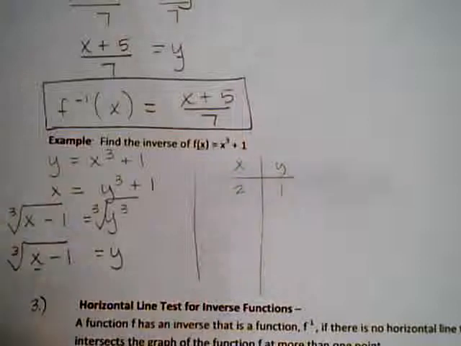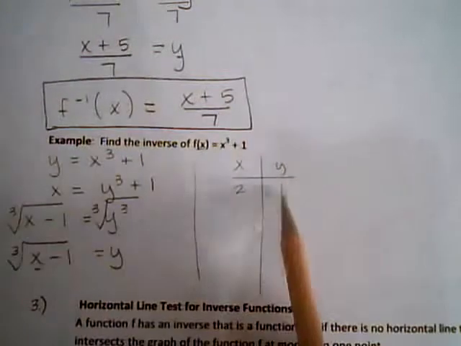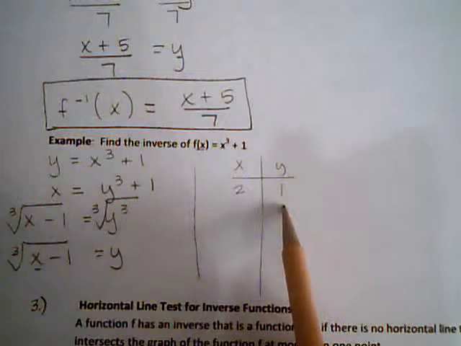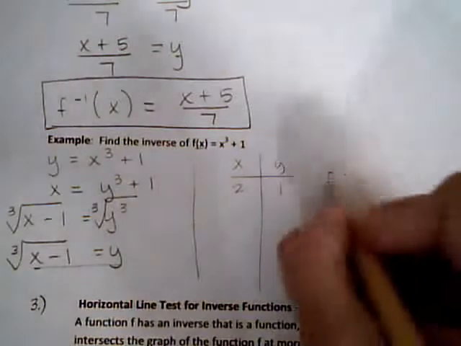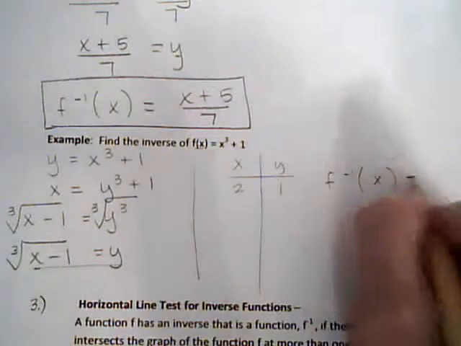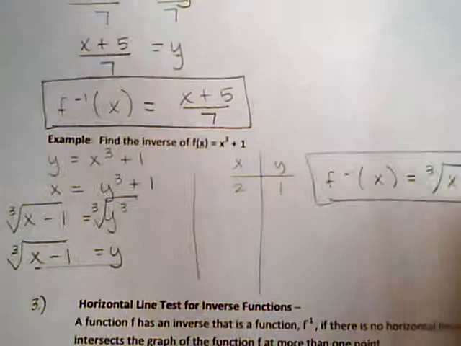If I plug in the same value of x, it would not ever give me a different value for y. So that means this is a function. So I would have f inverse of x equals the cube root of x minus 1. So that would be my inverse function.